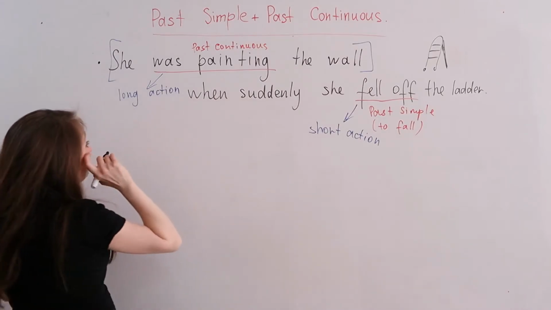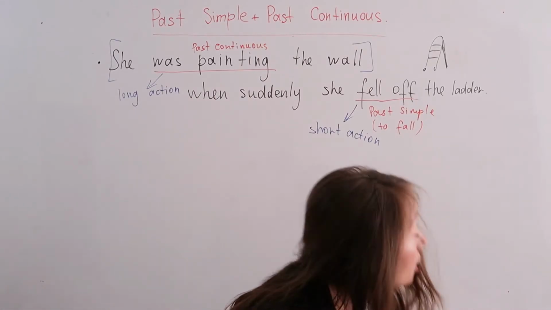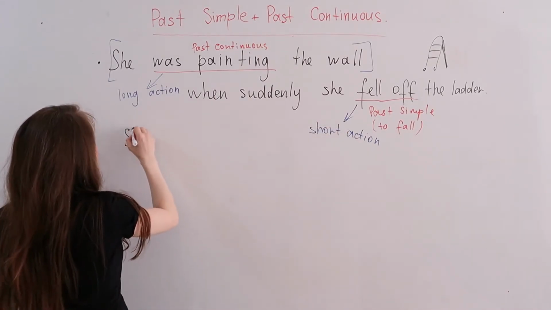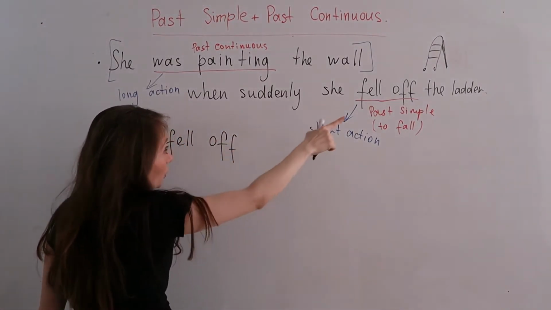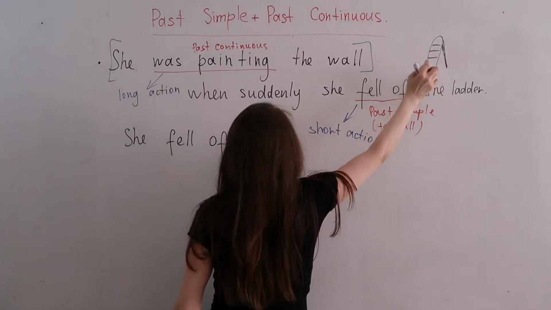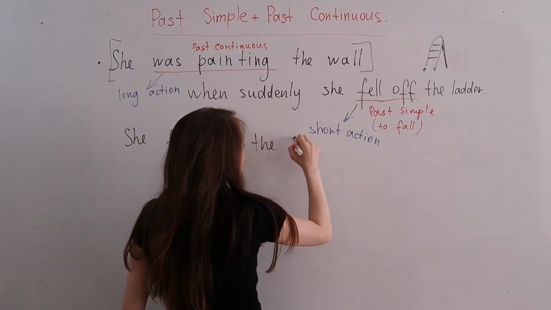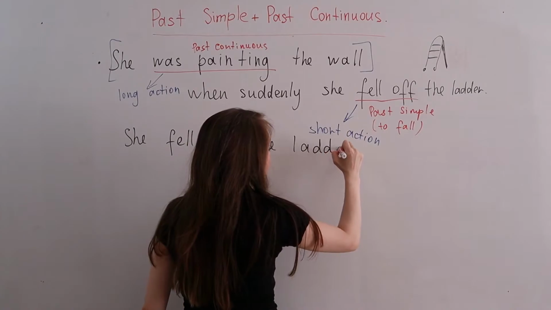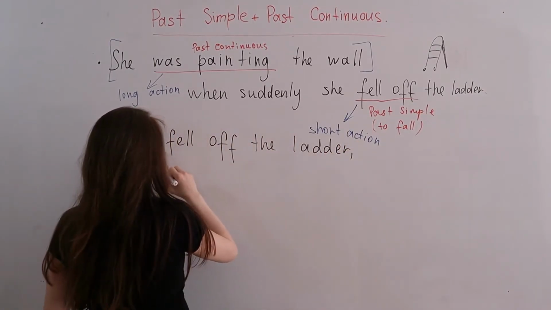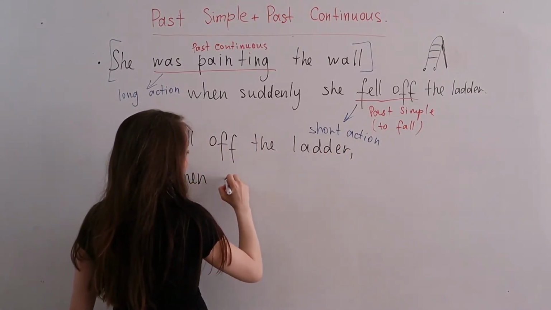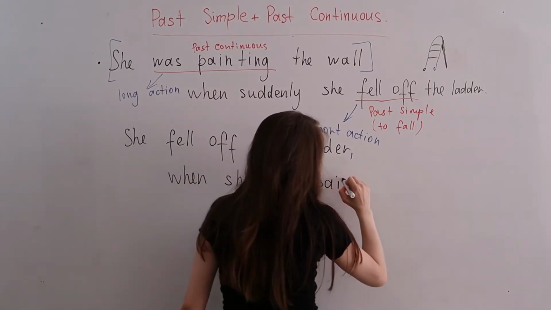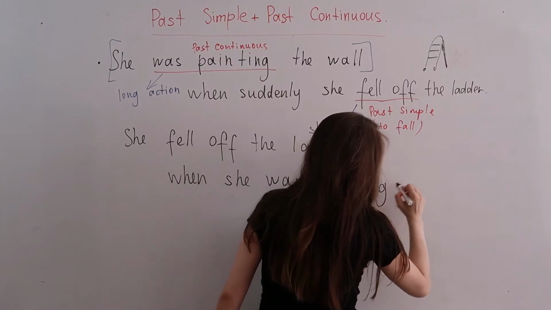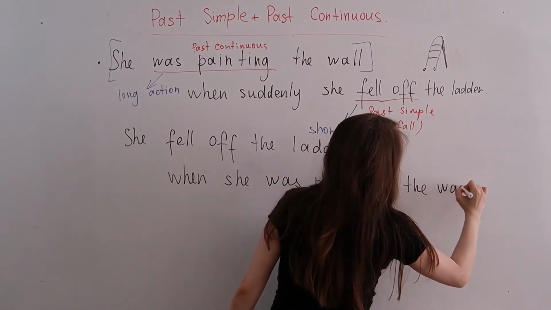For example, she fell off the ladder. You know the word ladder. She fell off the ladder when she was painting the wall.